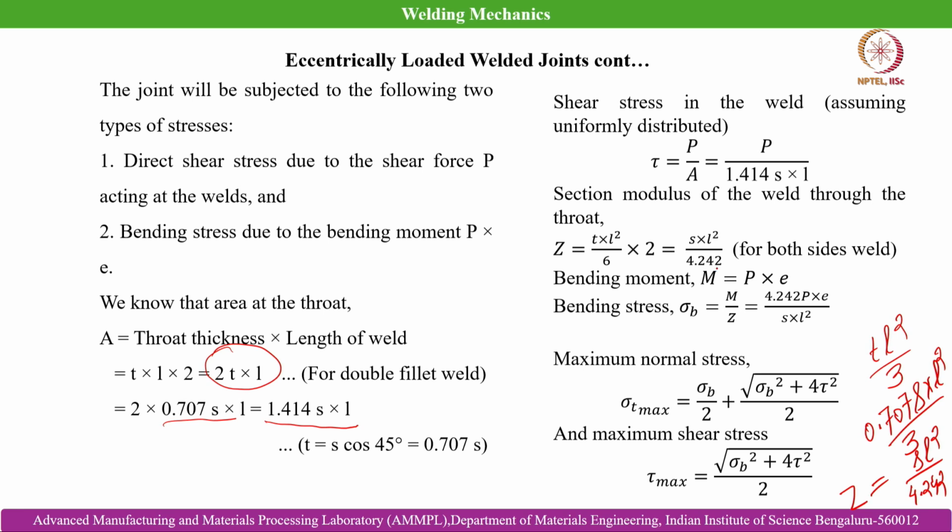That is what is evaluated here, and we know the bending moment as P cross e, force cross distance. Then the bending stress sigma B is equal to the bending moment divided by the section modulus Z. So M is equal to P cross e, divided by S L square by 4.242.